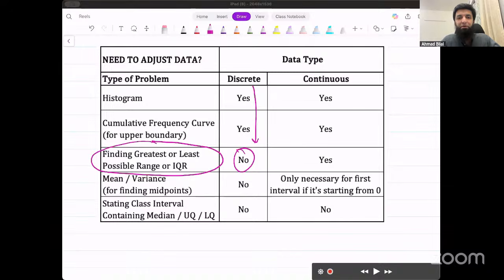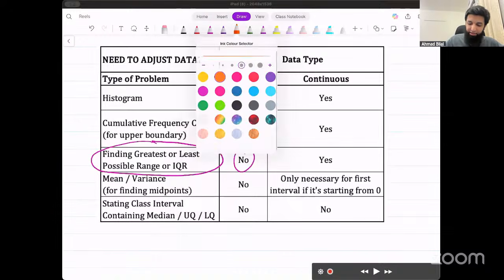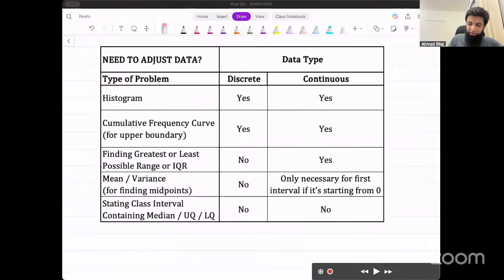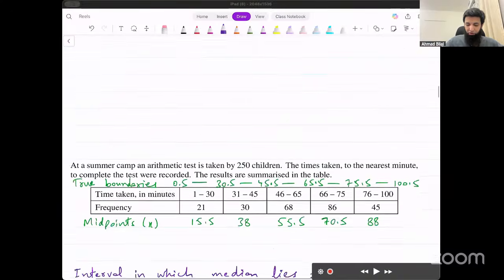If you have number of something, like number of people or number of chocolates, they are supposed to be integers. That's discrete. In discrete variables, we are not going to adjust boundaries when we are supposed to find greatest or least possible values of interquartile range. For continuous, we do adjust the boundaries. Before we move further, I'll show you a couple of examples.